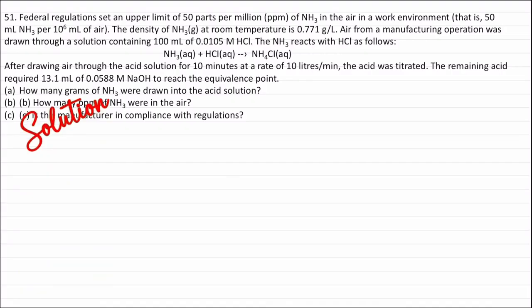Now, milliequivalents of ammonia will be equal to milliequivalents of HCl, or equivalents of ammonia will be equal to equivalents of HCl, which is used up in the reaction with ammonia. Now, equivalents of HCl used up in this reaction will be equal to equivalents of HCl present at the beginning of the reaction minus equivalents of HCl which is left at the end of the reaction.